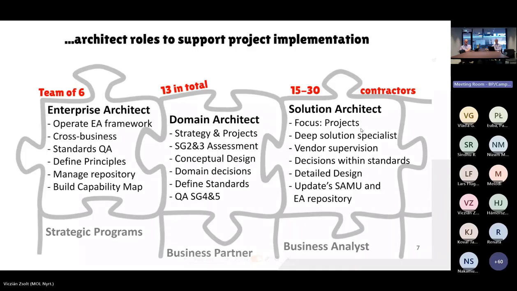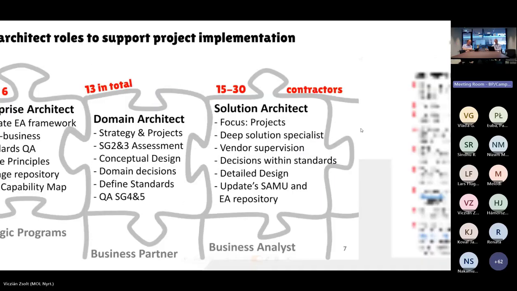Domain architects, like for downstream or upstream or retail or circular economy services or HR, whatever, are responsible for the design, the portfolio, the choices in their domains, and they are the ones who need to prepare the project proposals from an architectural perspective. And then solution architects are the guys who participate in the project and do the detailed design and have to deliver the details.